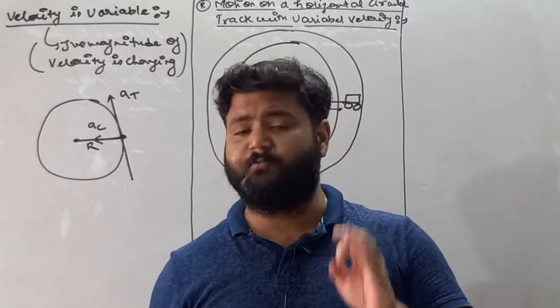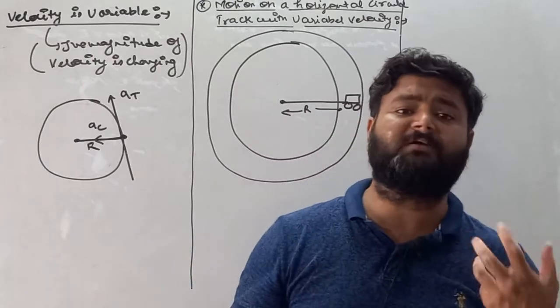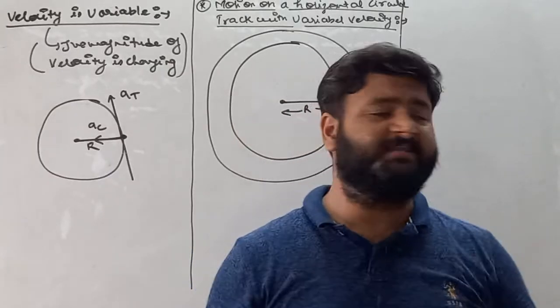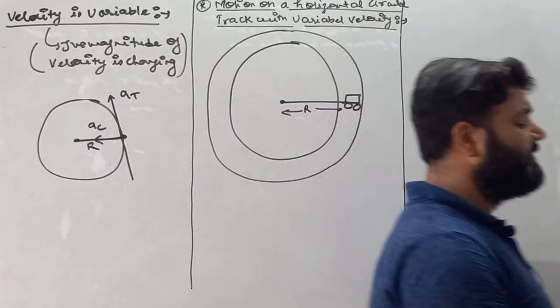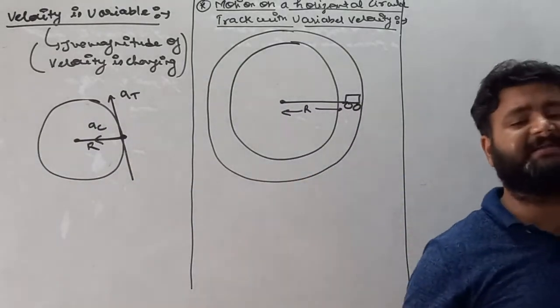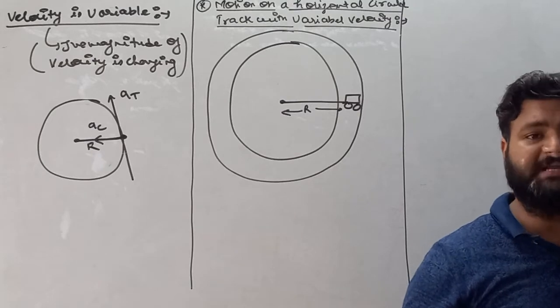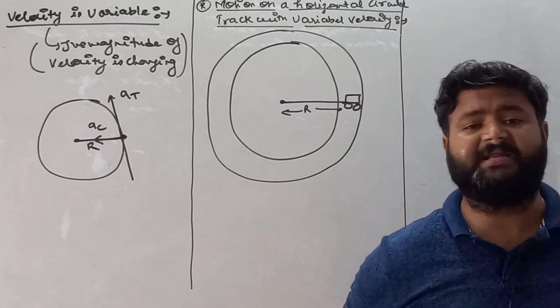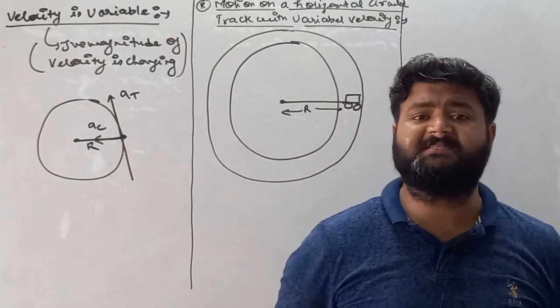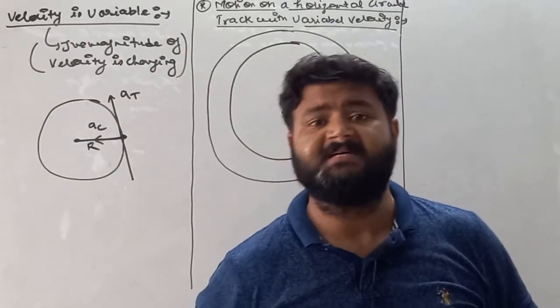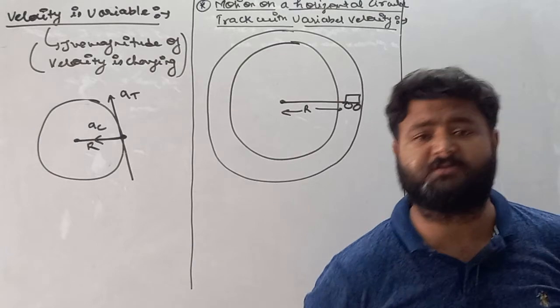Tangential acceleration only acts if the magnitude of velocity is changing. In this case we are considering variable velocity, so the magnitude of velocity is changing, which implies tangential acceleration is also acting.